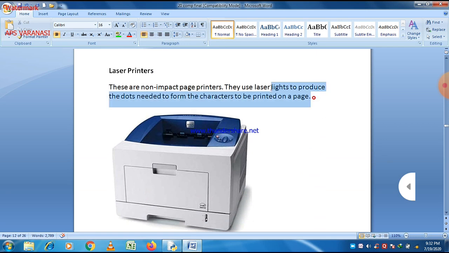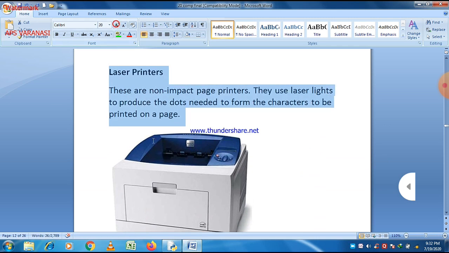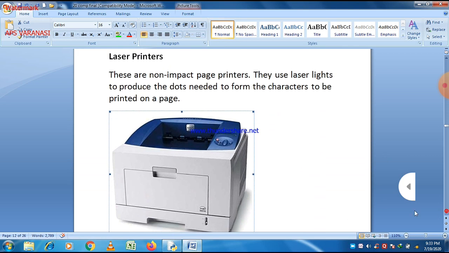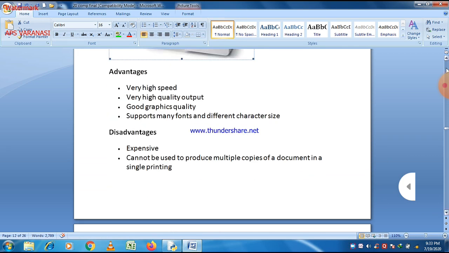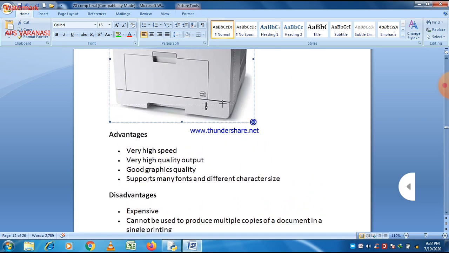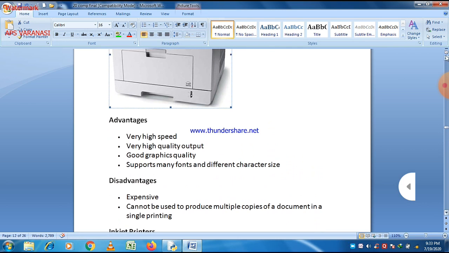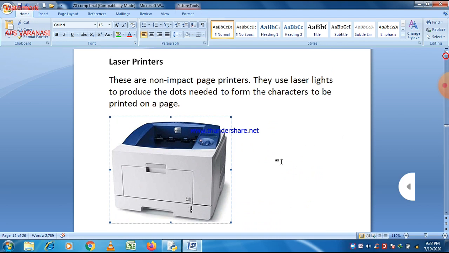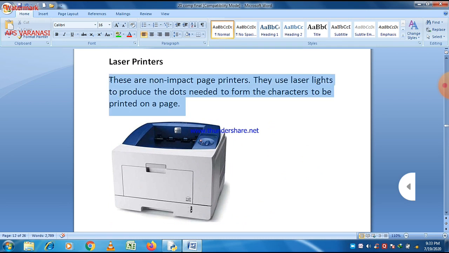So this is a diagram of a laser printer, as you can see on screen. First of all, these are non-impact page printers, and they use laser light, that's why they are called laser printers, to produce the dots needed to form the characters to be printed on a page.